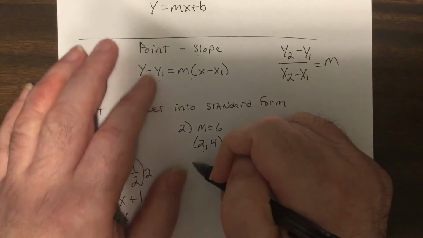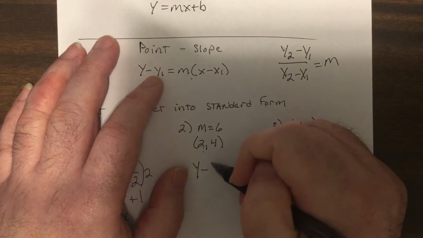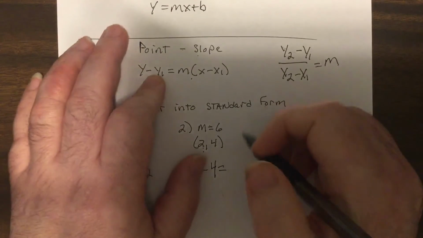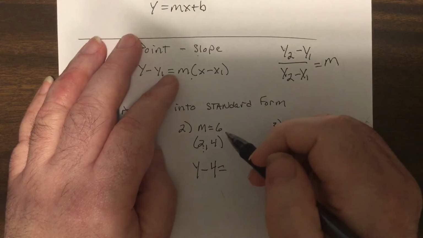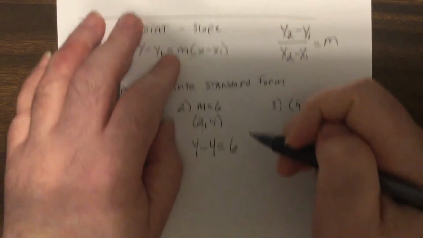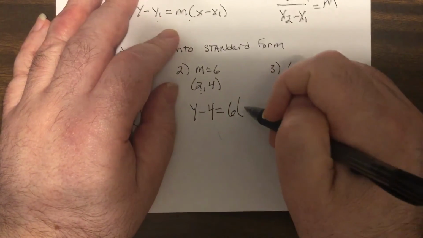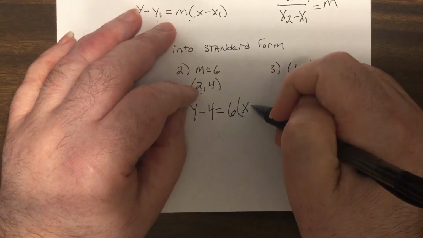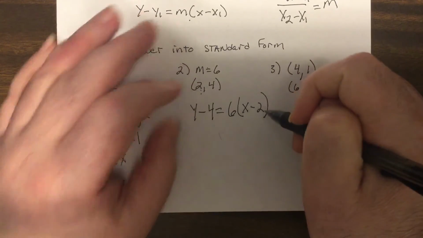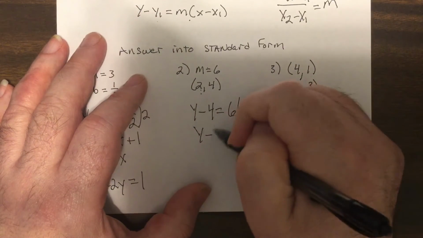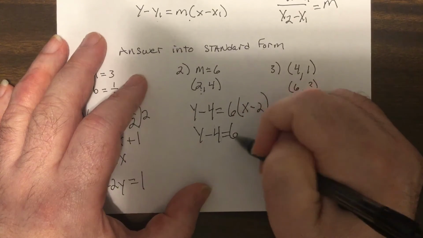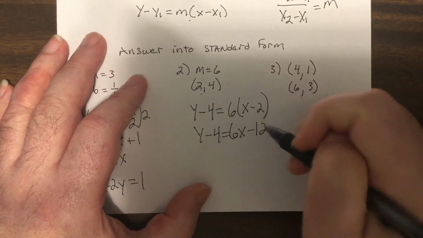So you go y minus the y number equals the slope, which in this case is 6, times x minus the x number, which is 2. So y minus 4 equals 6x minus 12.